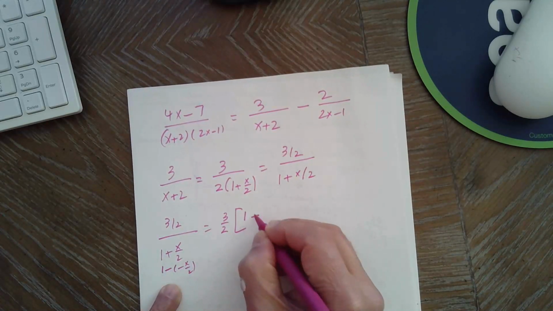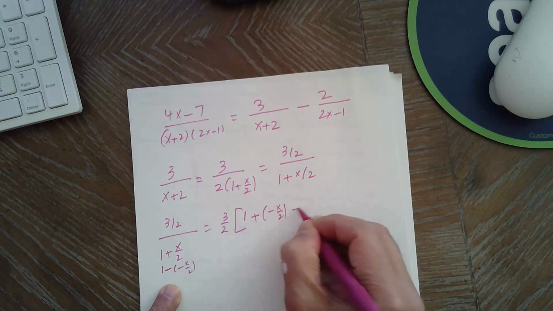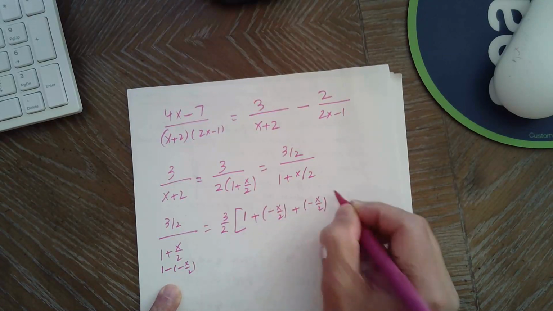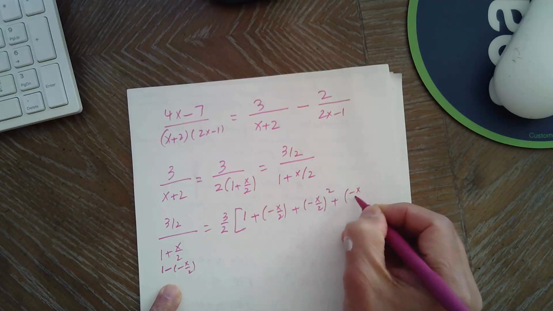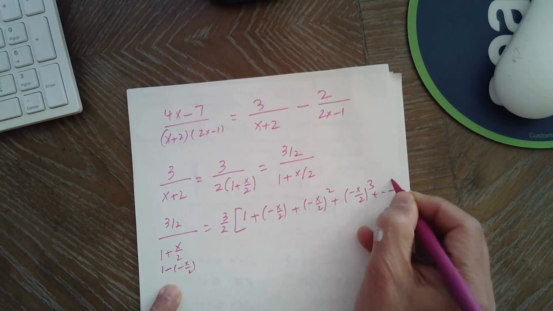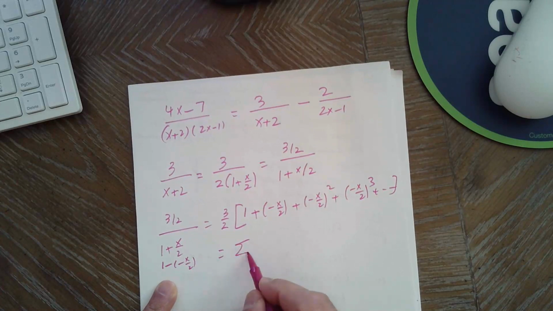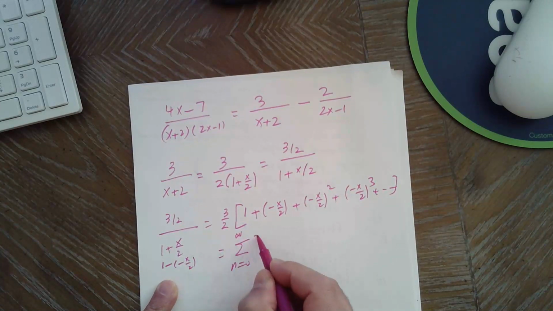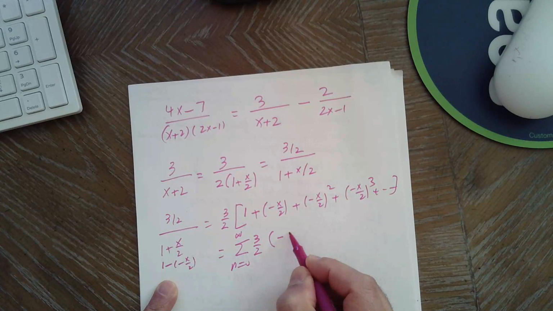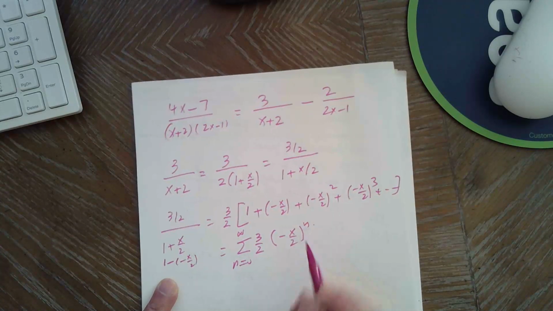So it's 1 plus negative x over 2 plus negative x over 2 squared plus negative x over 2 cubed, and so on. You can write it as the sum from n equals 0 to infinity of 3 over 2 times negative x over 2 to the n.